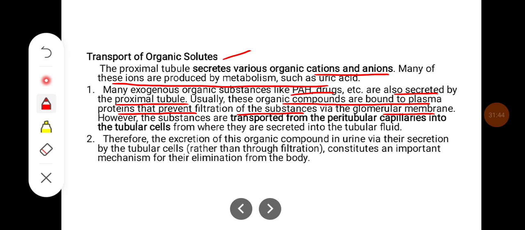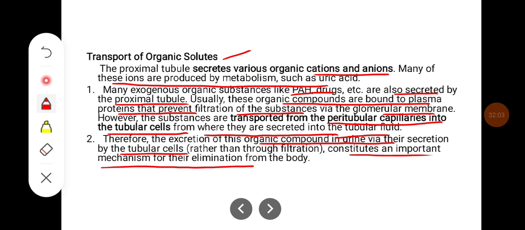However, the substances are transported from peritubular capillaries into the tubular cells, from where they are secreted into the tubular fluid. Therefore, excretion of these organic compounds in urine via secretion by the tubular cells constitutes an important mechanism for their elimination from the body.